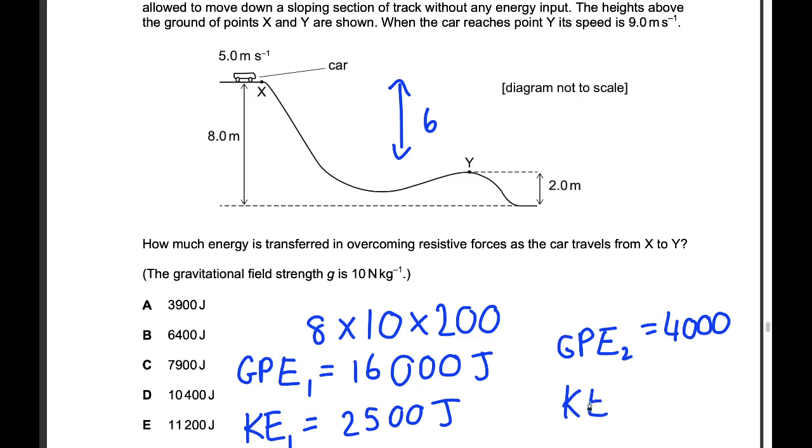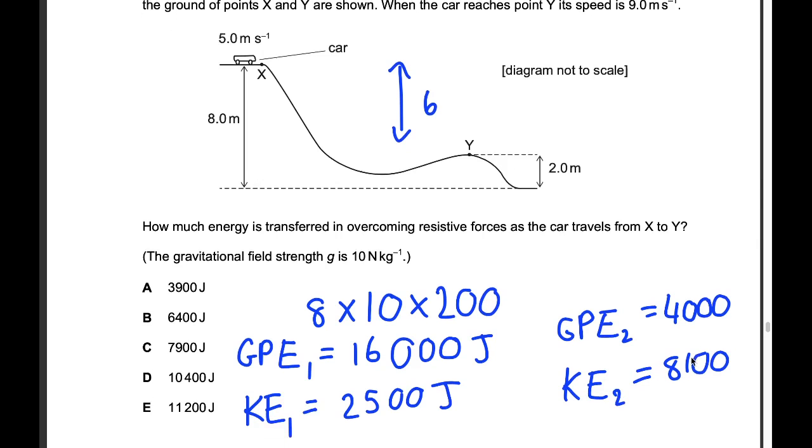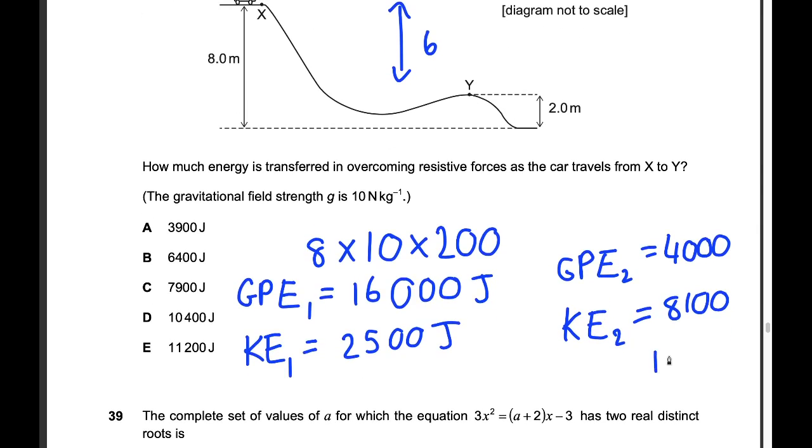So that's my KE2. So that's 8,100. Okay, so that will sum together here to be 12,100. And this one here will be 18,500. So what's that going to be in total? 6,400? Yeah, it's option B. Okay.